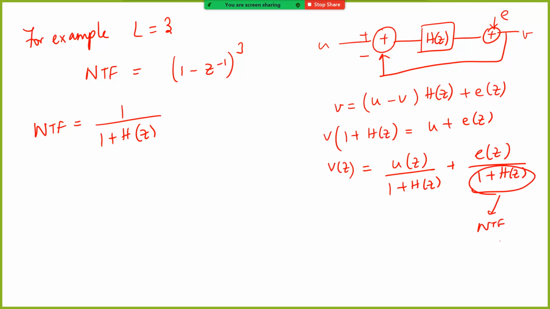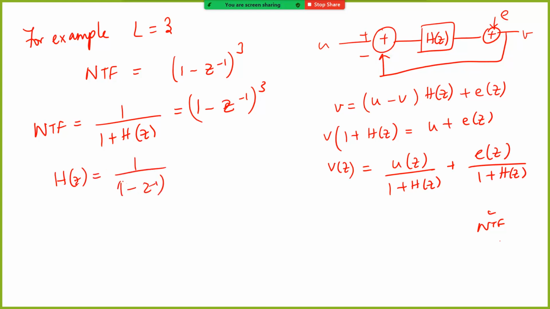So this is nothing but 1 minus Z inverse the whole cube. So what is H of Z here? H of Z can be written as 1 minus Z inverse the whole cube minus 1. So this is the H of Z that is being used here.